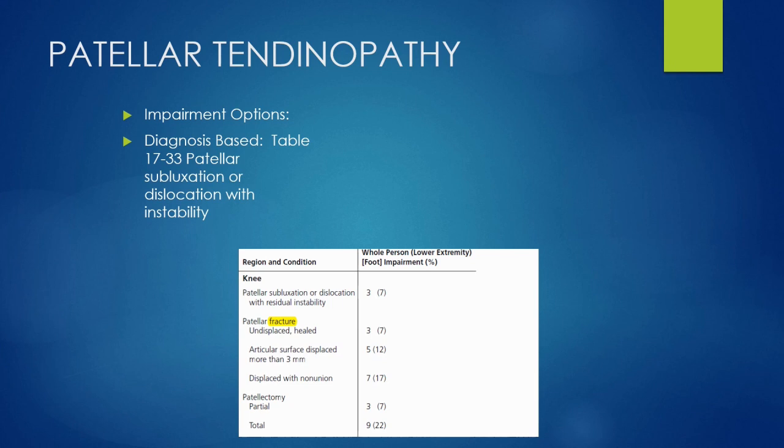The only thing that's required of you is that you adequately explain how, whatever permanent impairment rating you're providing for the examinee, you have to be able to explain how and why that permanent impairment rating is the most accurate rating.